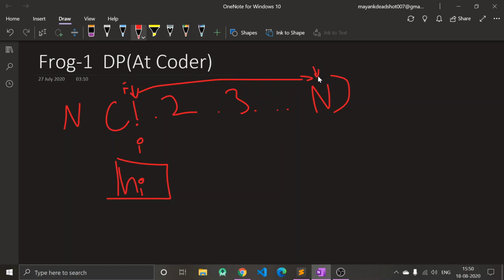To reach it there are some operations to do, and for each operation there is some cost. We have to minimize the cost to reach the nth stone. That's all the question says.